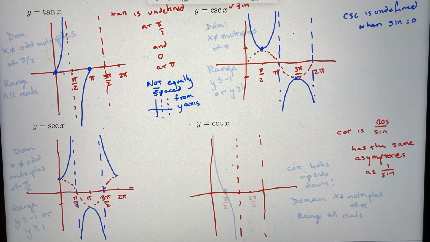So if I draw cotangent in, cotangent is undefined when tangent is 0, at 0 and pi, for instance. At pi over 2, tangent's undefined, but cotangent is 0. Now, cotangent, since it has to start positive, it actually ends up looking upside down.